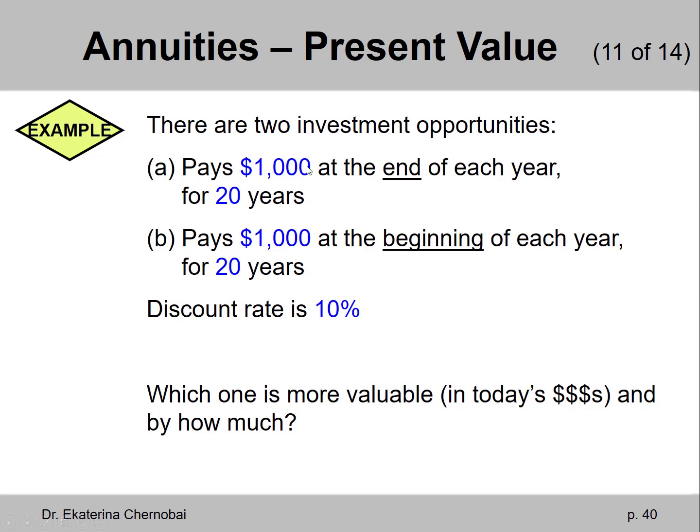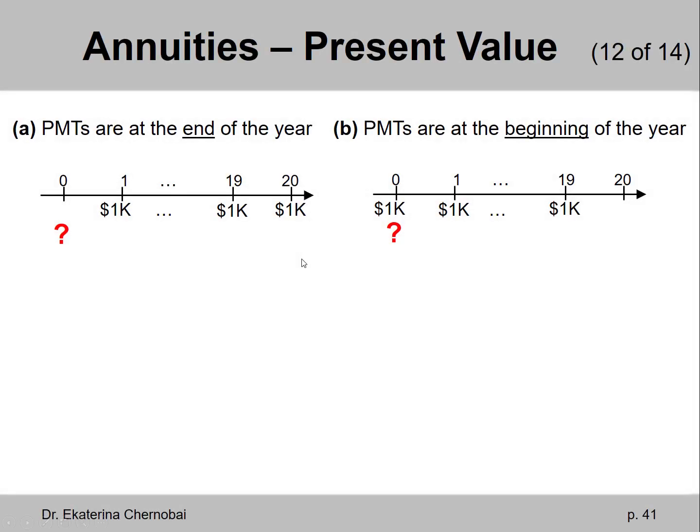So we have an annuity going on in this problem, right? $1,000 is repeated again and again and again at the end of each year. So it's an annual repeating payment, and we have it 20 times. Same in case B. How do we find the present value of the first annuity in case A, where the payments are at the end of each year?